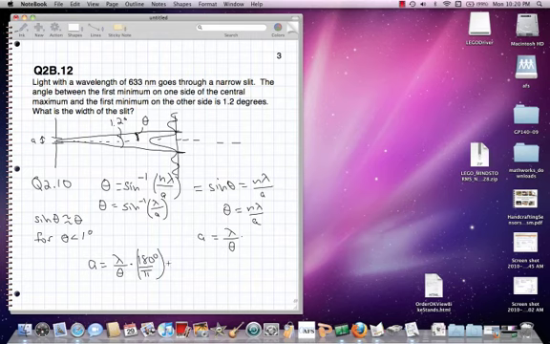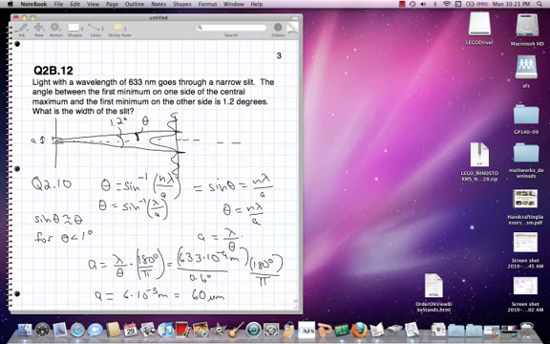I've got 633 times 10 to the minus 9 meters over 0.6 degrees times 180 degrees over pi. When I solve, A is equal to 6 times 10 to the minus 5 meters, which is 60 microns. That's the width of my slit.